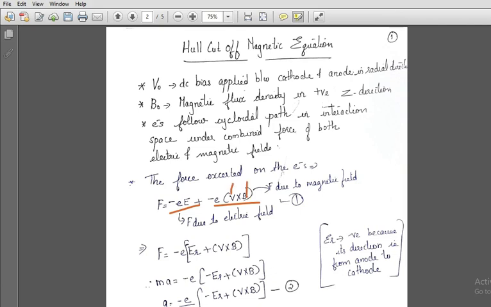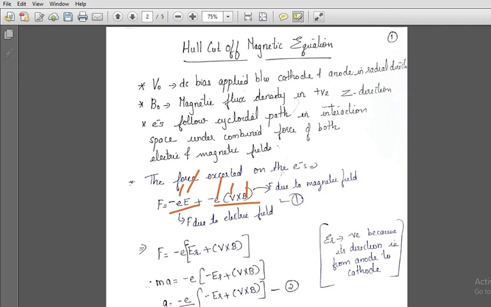So the force acting on the electrons is equal to the force of the electric field plus the force of the magnetic field. The force of the electric field is charge into the applied electric field. The force of the magnetic field is charge into V cross B, a vector product. E is the applied electric field, V is the velocity of the electrons, B is the applied magnetic field, and e is the charge of the electrons.